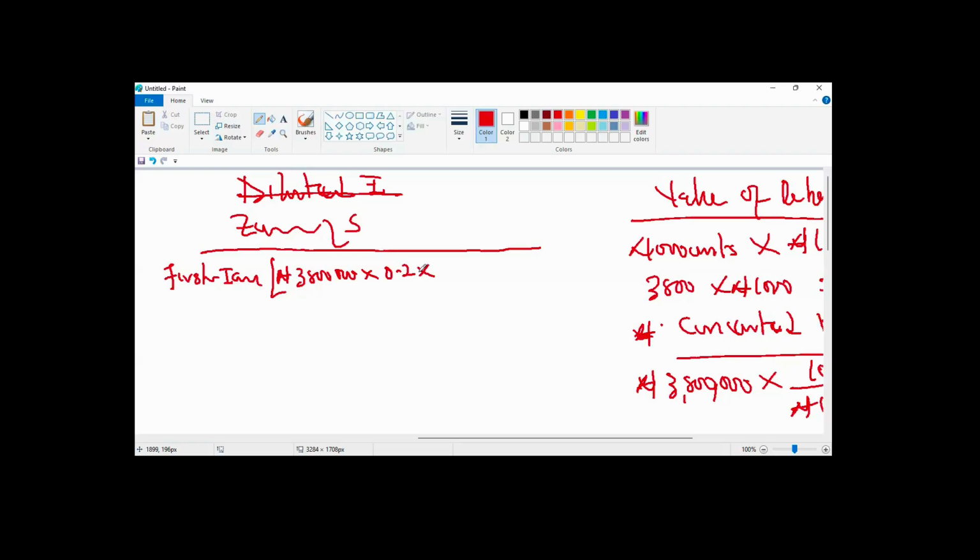So May, June is 2 months, so 10/12. We only need interest of 10/12 for the earnings. So 3.8 million times 0.2 times 10/12. What does it give us? 633,333.